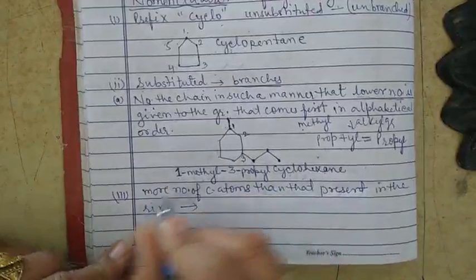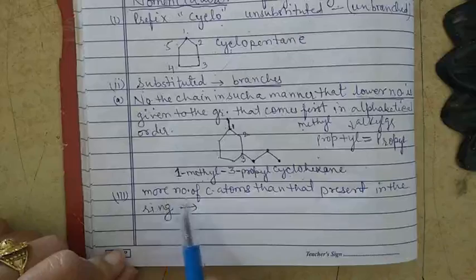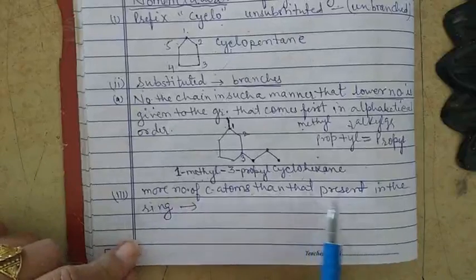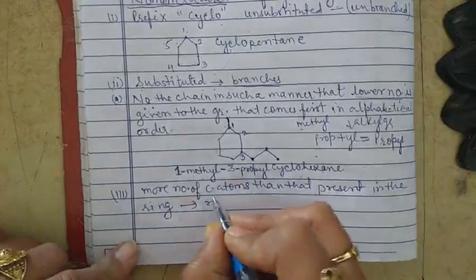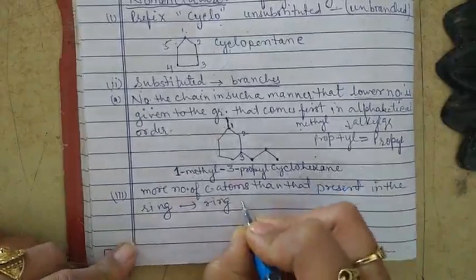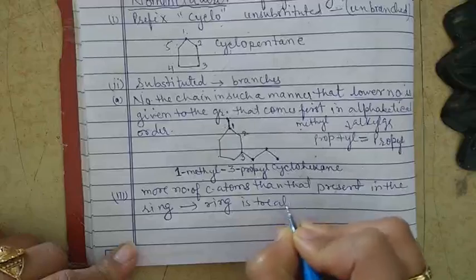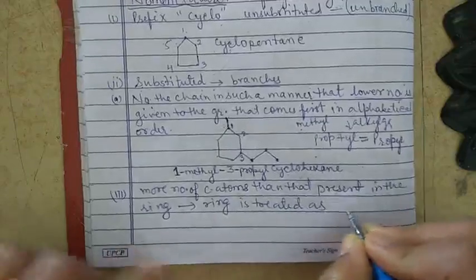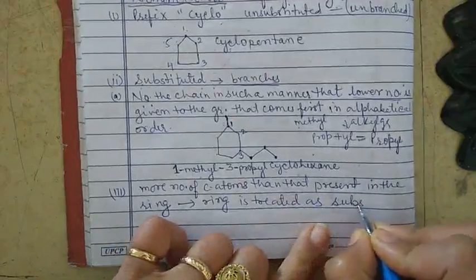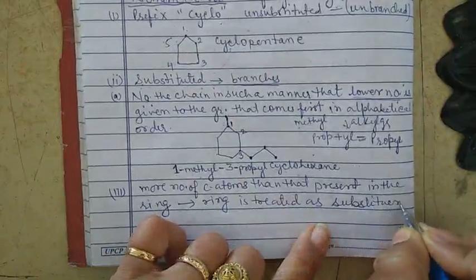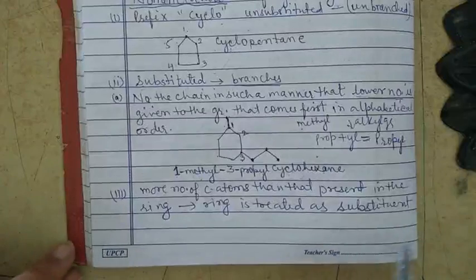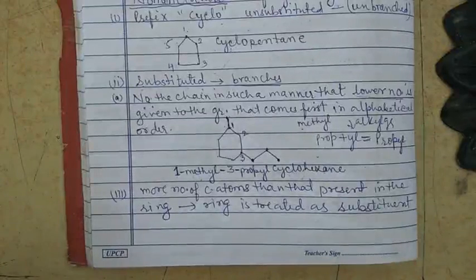At that time, if the condition is that there are more carbon atoms than that present in the ring, then the ring is treated as a substituent.